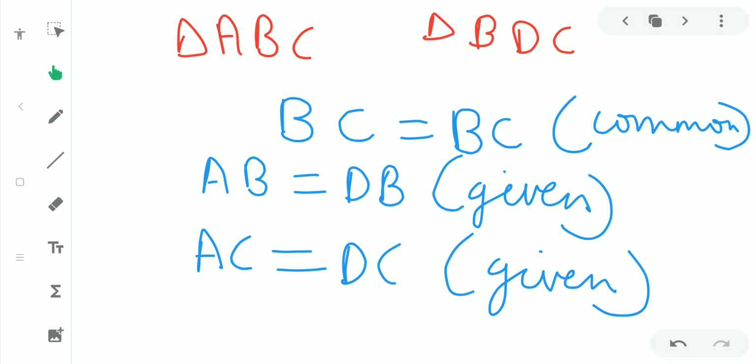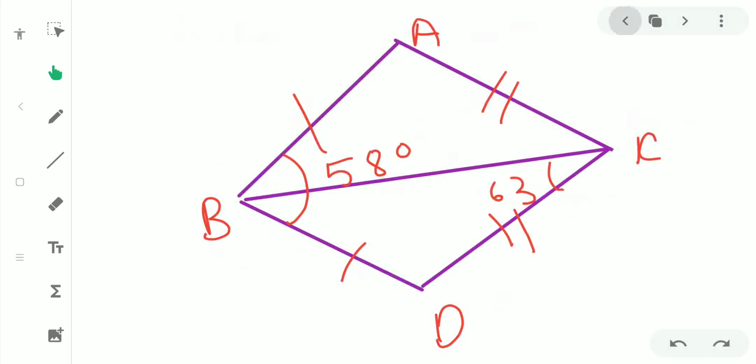Now on proving this, we have angle ABC, this angle, is equal to angle DCB, this angle. So this angle and this angle will be equal. Angle ABC is equal to angle DCB.